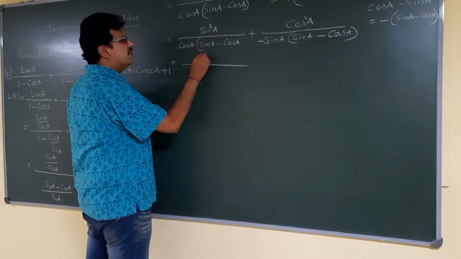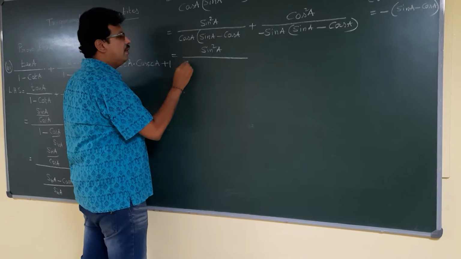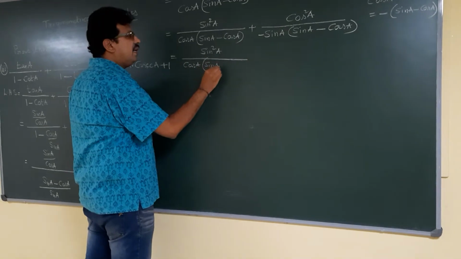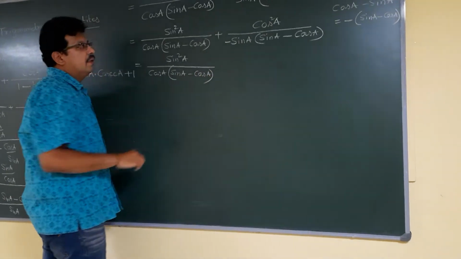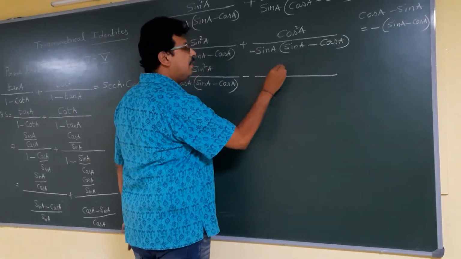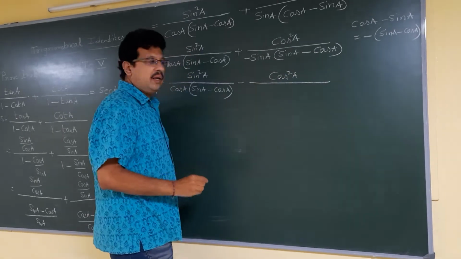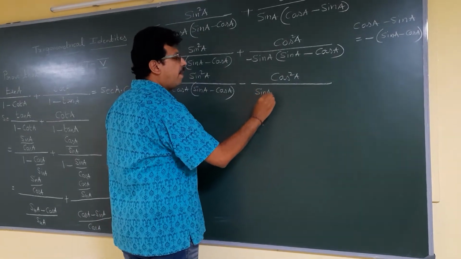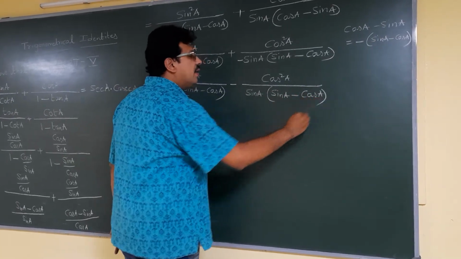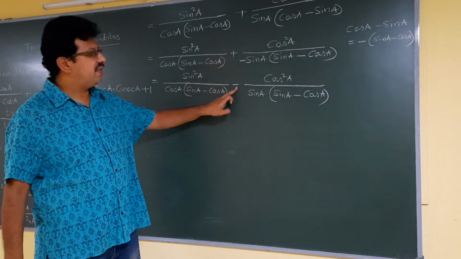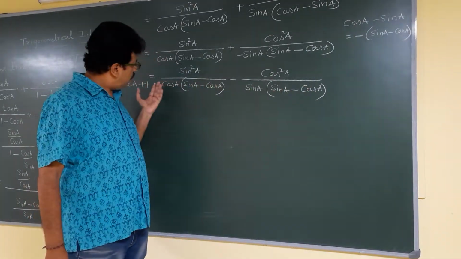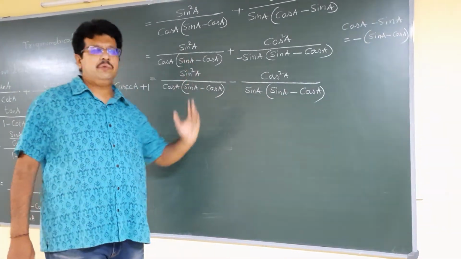This again is a very important step here. Sin square A by cos A into sin A minus cos A, and this is plus divided by minus, which is minus, cos square A, and this can be written as sin A into sin A minus cos A. Now you can see very clearly, children, sin A minus cos A is coming in both terms. So taking LCM is going to be quite easy for all of you.